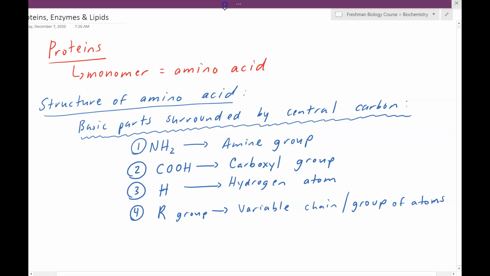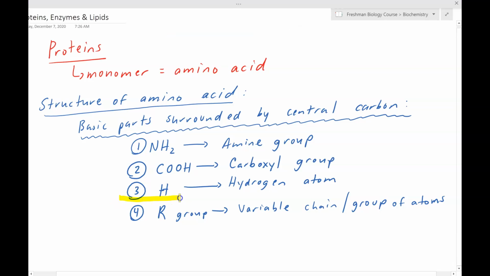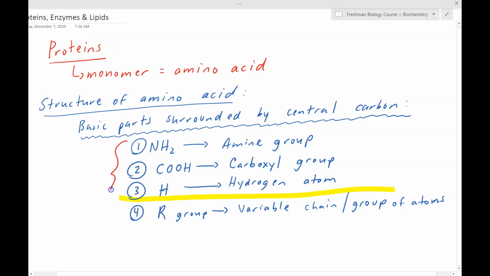The first three we are going to find exactly the same on every one of the 20 amino acids.